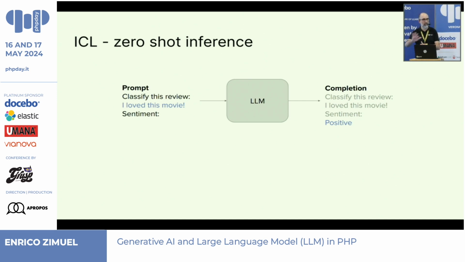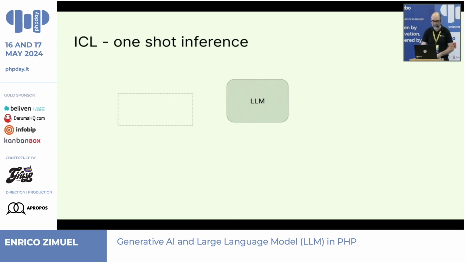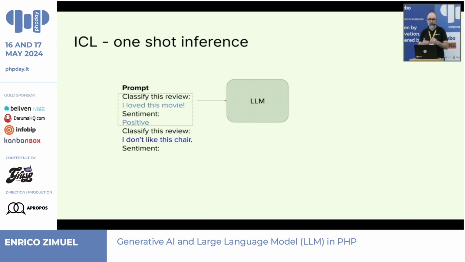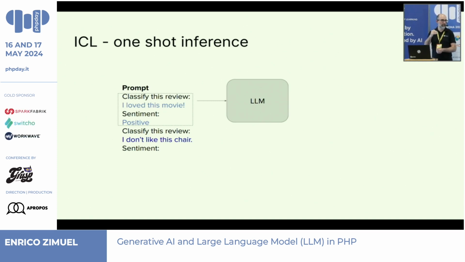So I trust the model, I don't give any example, please do the answer. You can actually provide some example in the context itself. Here, for instance, I'm giving the first example, and I'm asking for the second one.